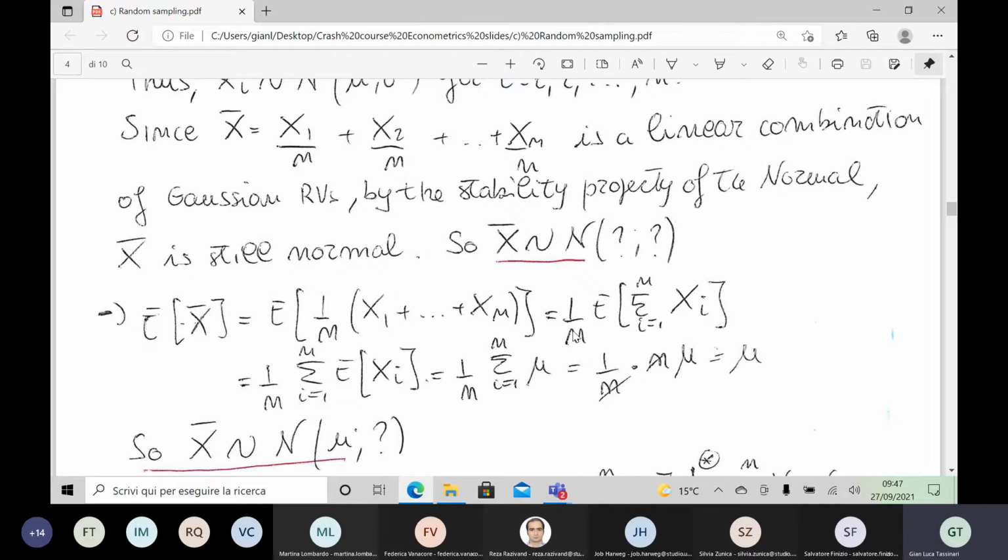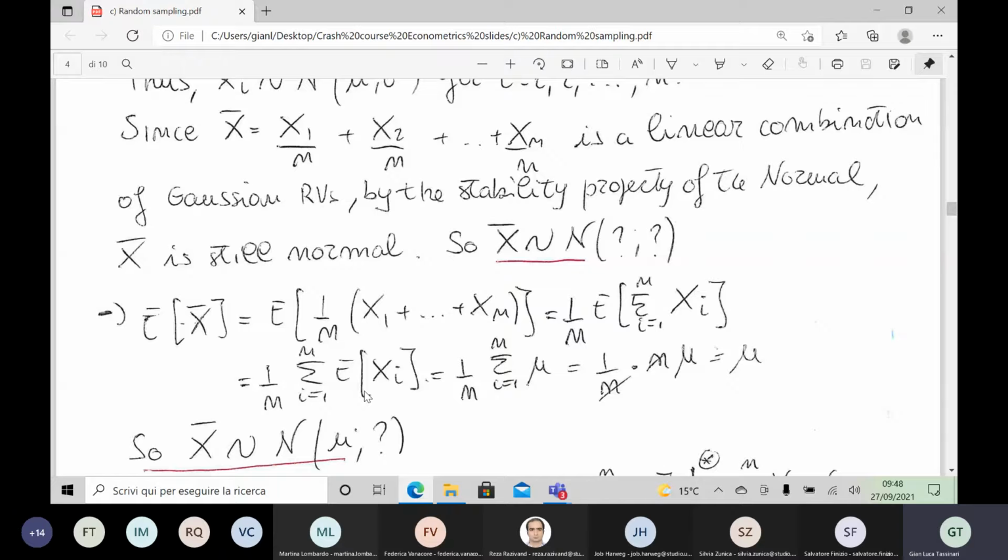So you have 1 over n times the expectation of a sum. But again, the expectation of a sum is the sum of the expectations. So I copied 1 over n, sum of the expectations. And now here you have something to say. Guys, which is the expectation of xi?